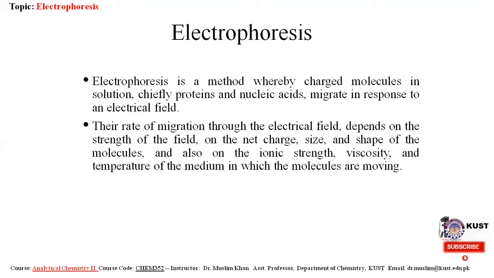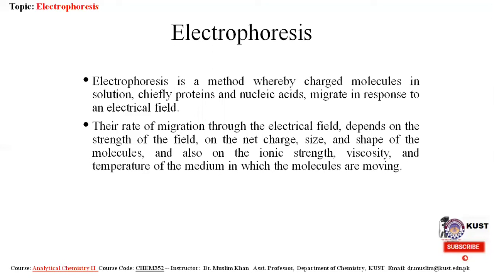It also depends on the net charge of the molecule, the size of the molecule is very important, the shape of the molecule is also very important, and also the ionic strength, viscosity, and temperature of the medium in which the molecules are moving. Temperature of the medium is very important.